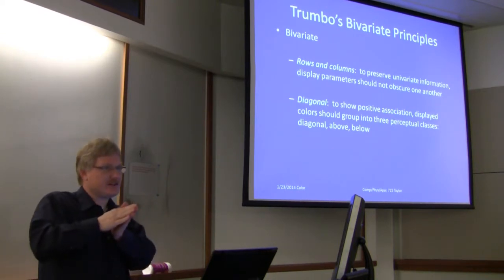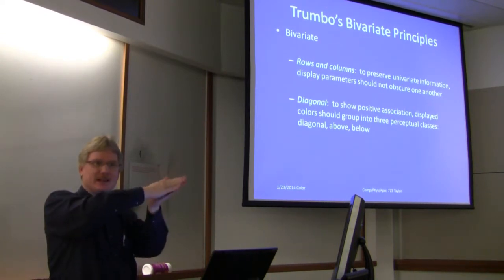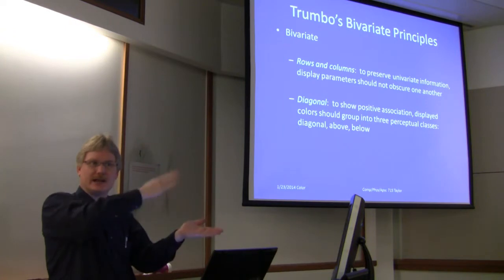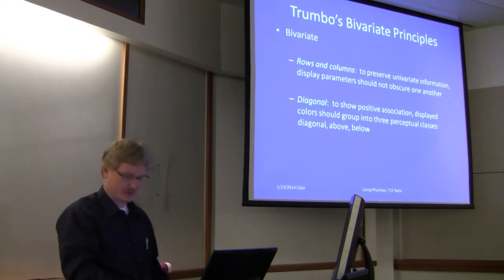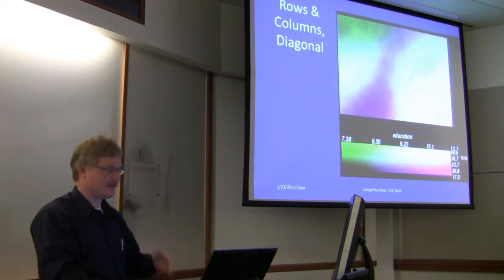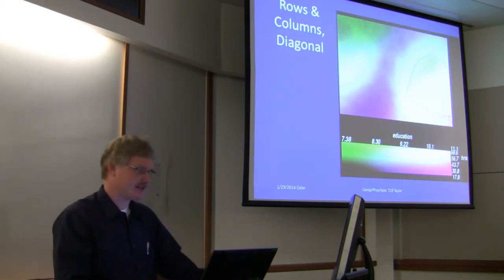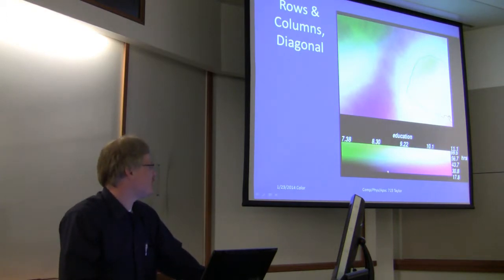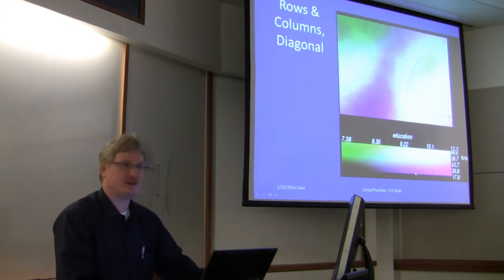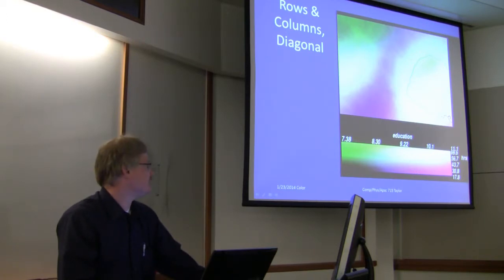And diagonal is, there's this area in the middle where they're the same, and I can tell if it's above the diagonal or below the diagonal, right? Those are two different questions you might want to ask about your data. So here's a data set, a 2D color map that has rows and columns and diagonal. The diagonal is pretty straightforward. Is it green or is it purple? If it's gray, then it's along the diagonal. Green is above, blue is below.